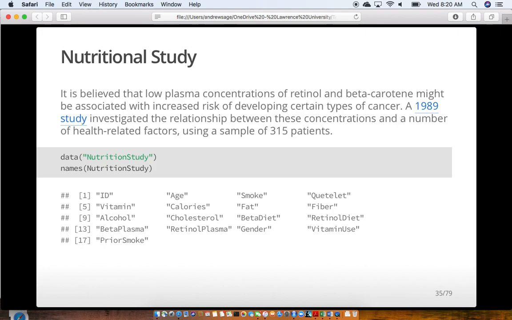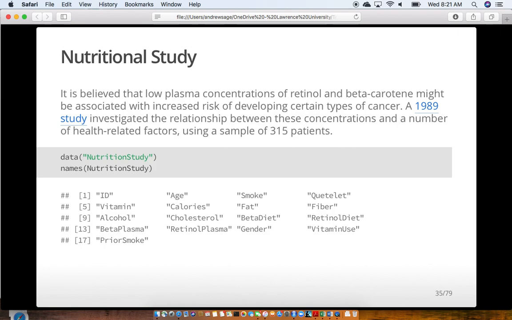Let's consider another example. We look at data that were collected through a nutritional study conducted in the late 1980s on 315 patients. It was believed at the time that low concentrations of retinol plasma or beta-carotene might be associated with increased risks of developing certain types of cancer.